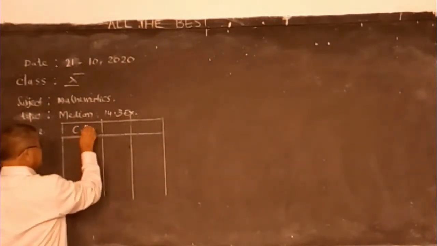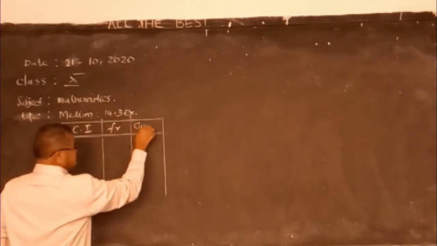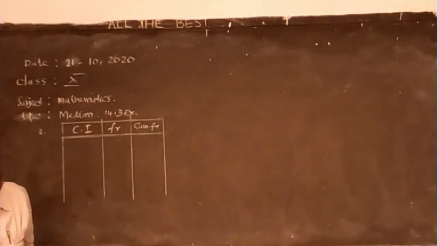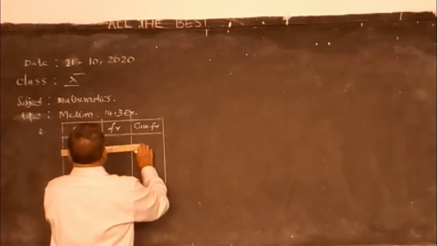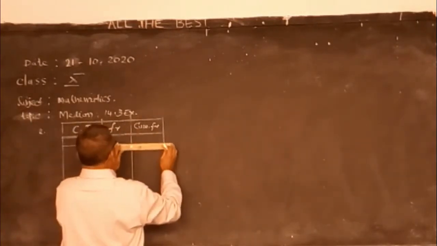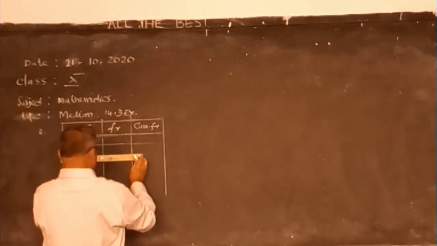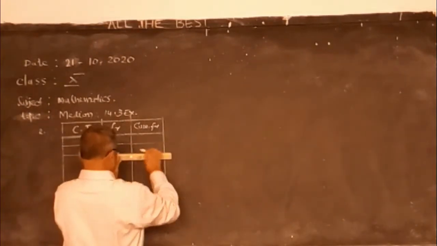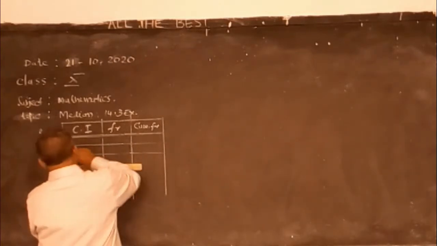Class interval, frequency, cumulative frequency. 1, 2, 3, 4, 5, 6.